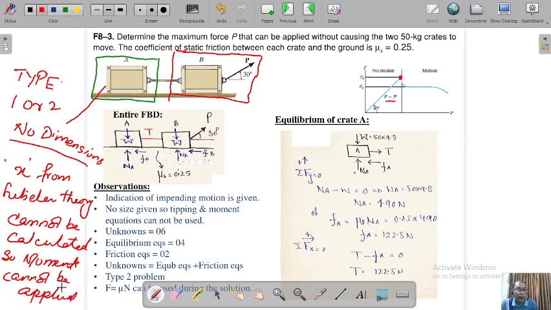Okay, so if this is the scenario, how many equilibrium equations can you apply over here?